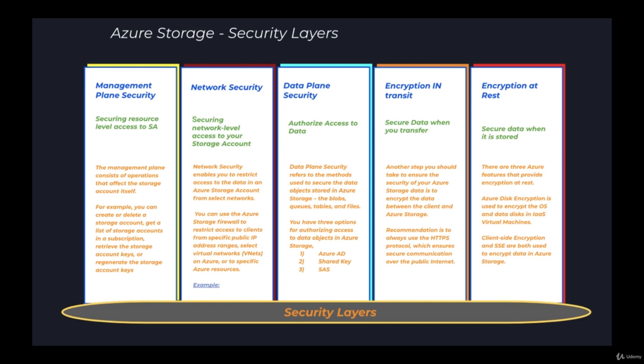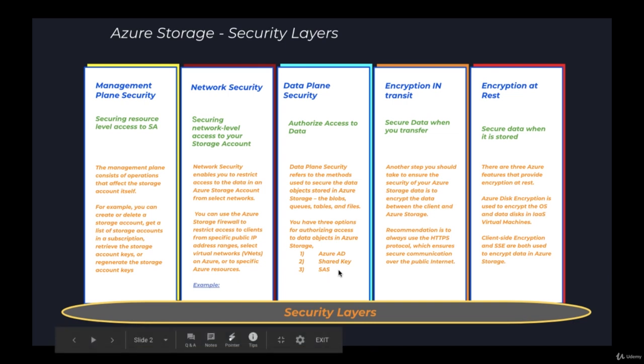Then we discussed using your storage account keys to authorize access via the shared key. The shared key is the primary key and the secondary key which you get when you create your storage account. Authorization via shared key requires storing your storage account keys in your application.